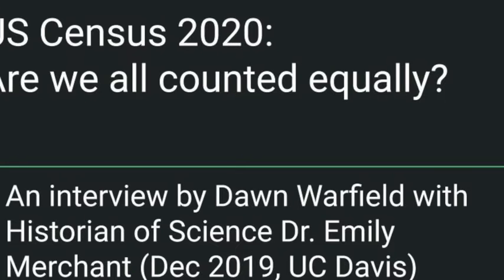And then certainly in the post-slavery and Jim Crow eras, state governments that wanted to maintain very overt forms of discrimination also used this data.